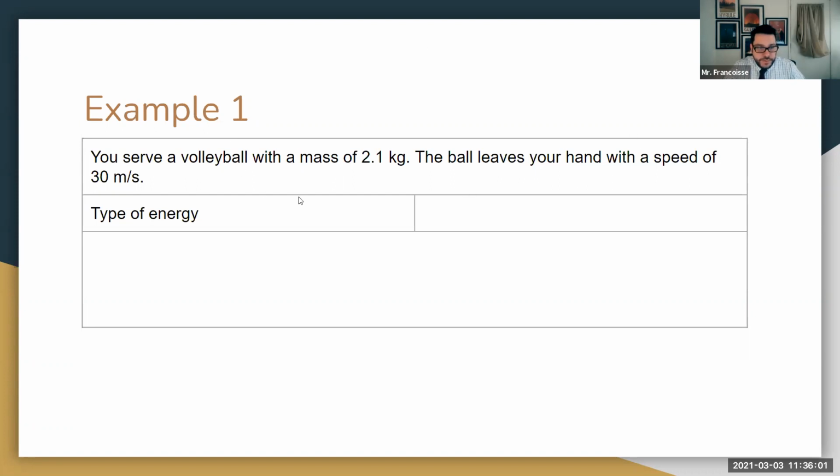So our question for this one, right? What kind of energy do we have if we're talking about a volleyball that's traveling with a certain speed? Are we going to be measuring the kinetic or potential? So we got one guess in, and that's correct.